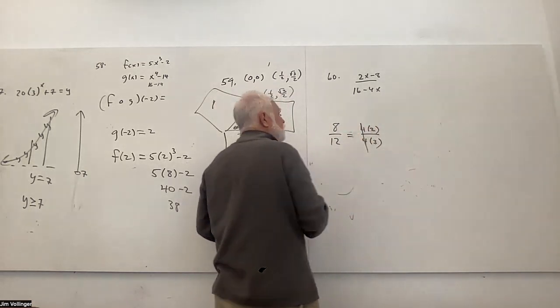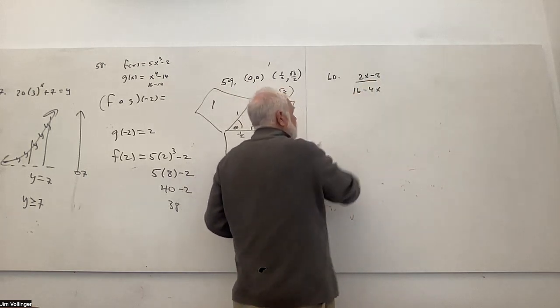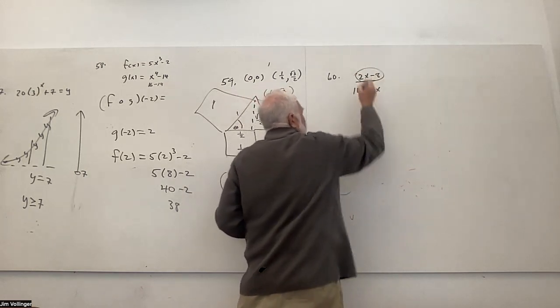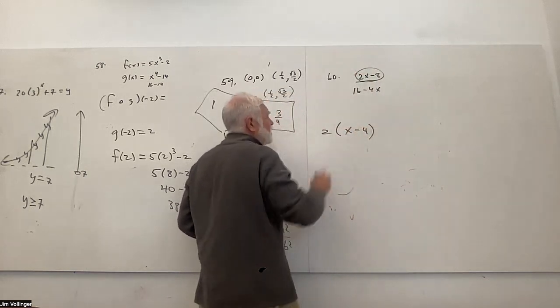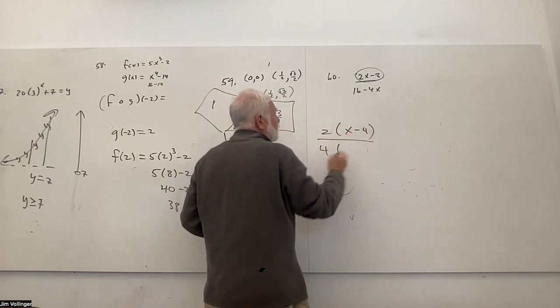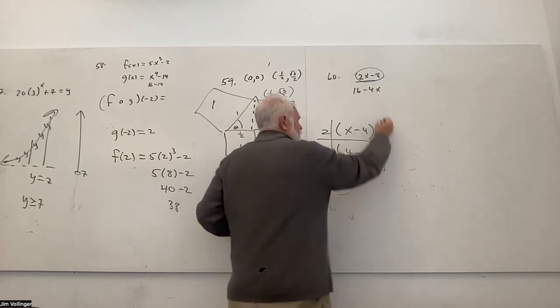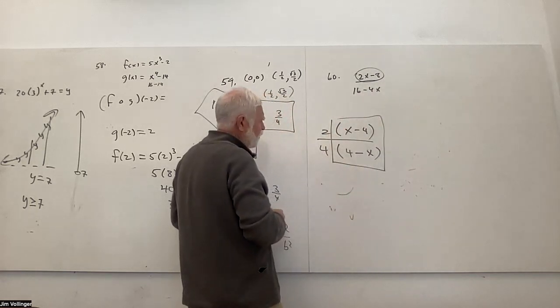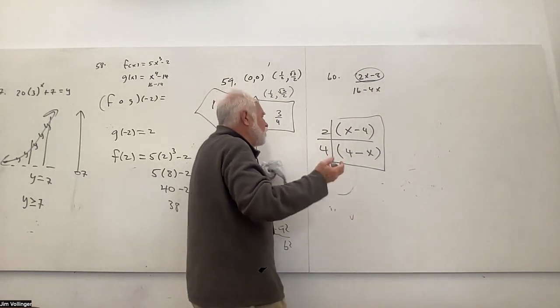Multiplication undoes division. So I want to change these subtraction statements into multiplication statements. Well, what's common? 2x minus 8, I think a 2 is. X minus 4. What's common for 16 minus 4x? I think 4 is common. 4 times 4 minus x. Whoa, I think we better look at this. I wonder if that reduces. If it reduces, it's supposed to reduce for all numbers. So let me put a number in here.